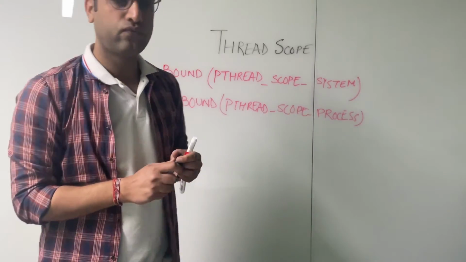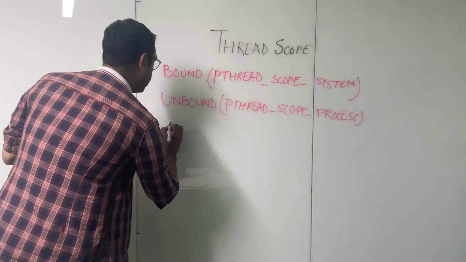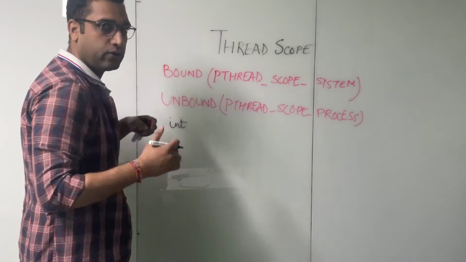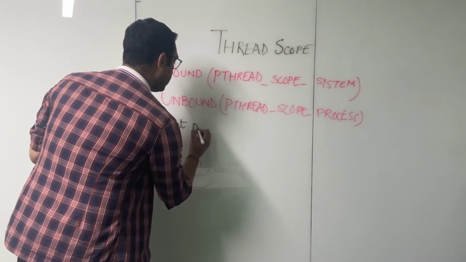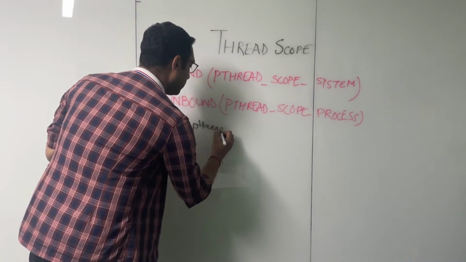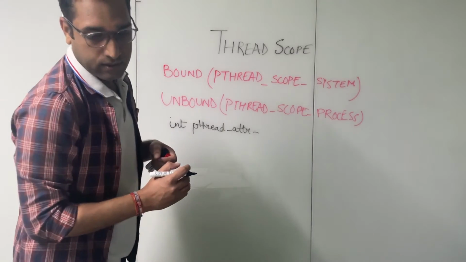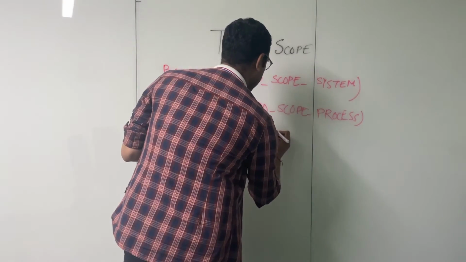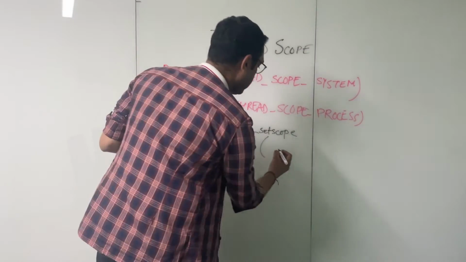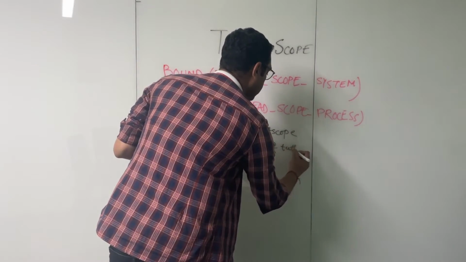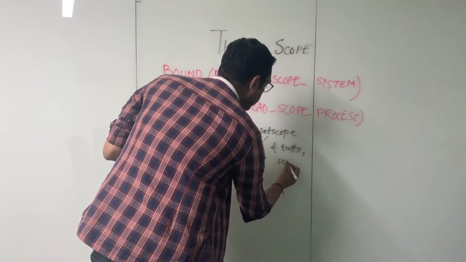so we have two functions for using these. Again, int is the return value, and I think by now you understand that 0 is the success case, and pthread underscore attr underscore set scope, and again we shall provide an attribute, I believe you know the type by now, and an integer value.